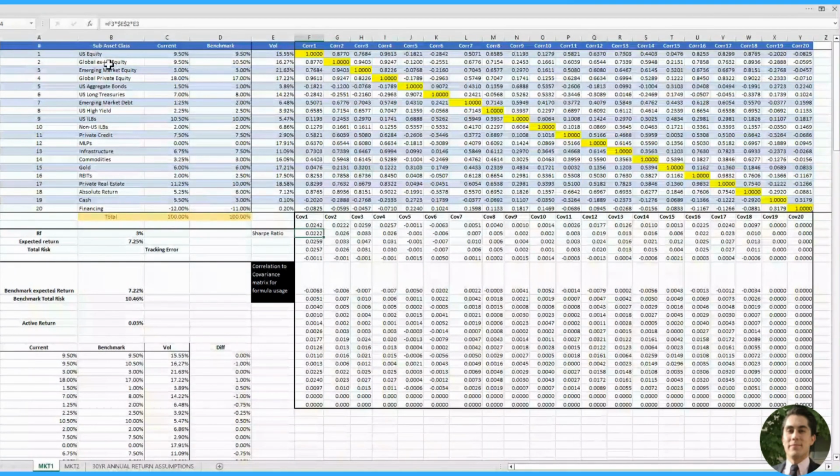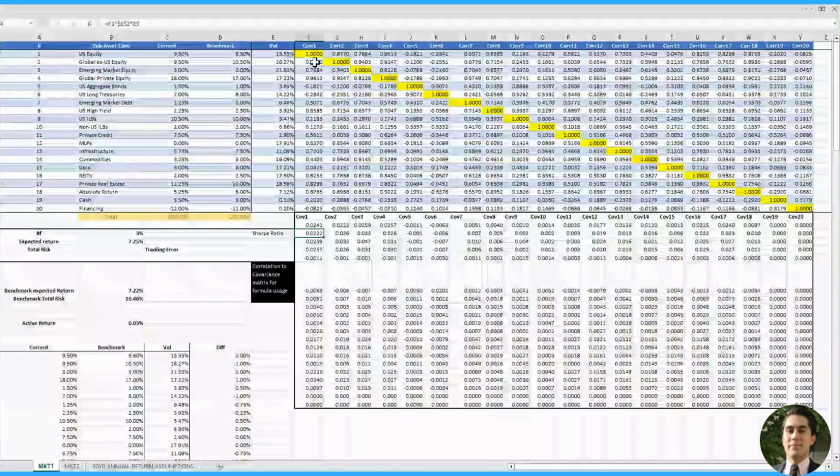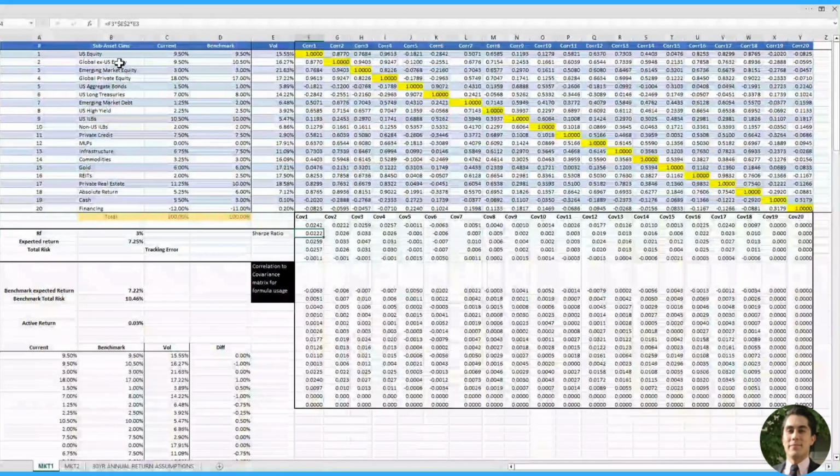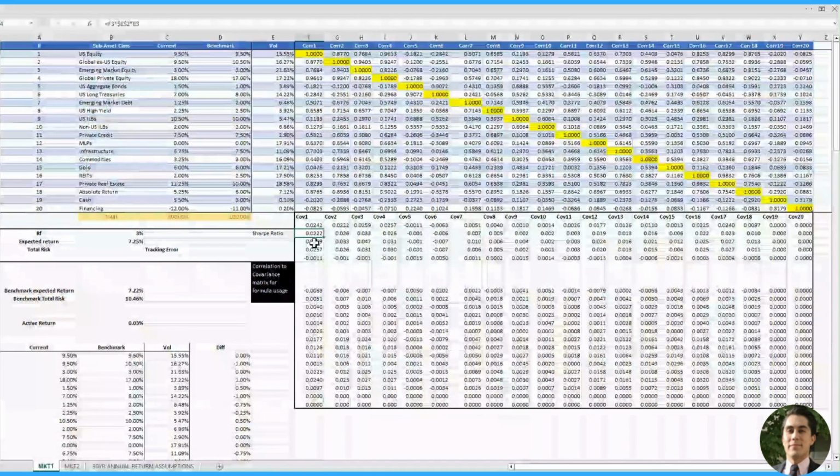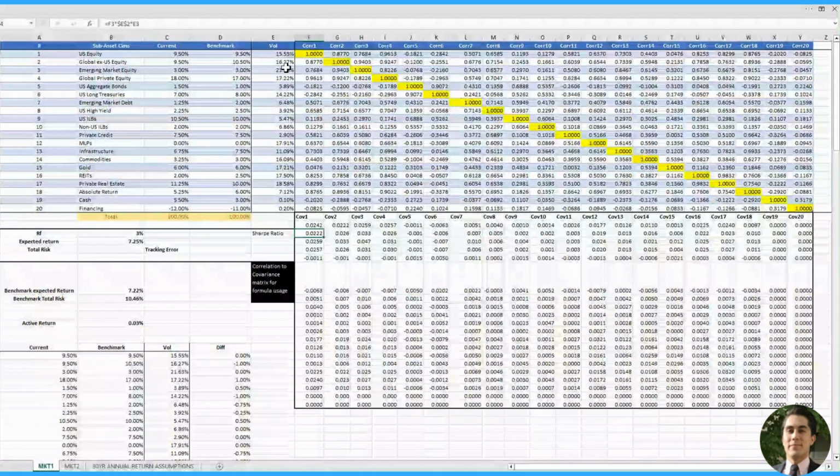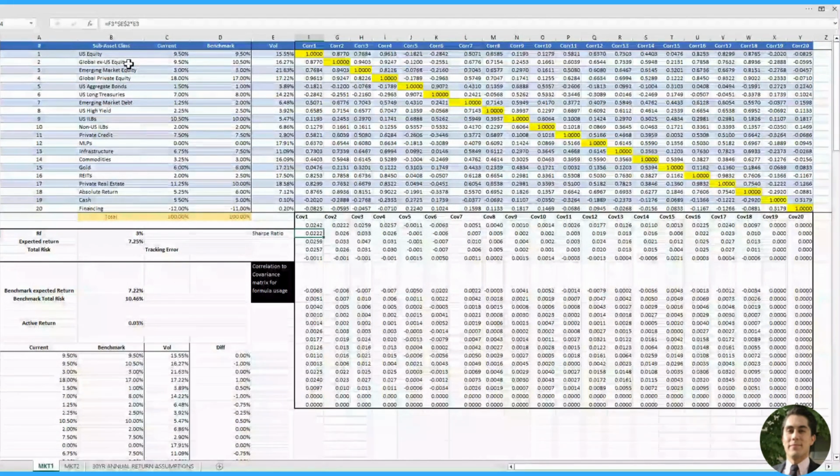And then for global ex-US equity, it will be F3. F3 is the correlation of US equity to global ex-US equity times the volatility, E2, which is constant in this column, times the standard deviation of global ex-US equity. It's the same.